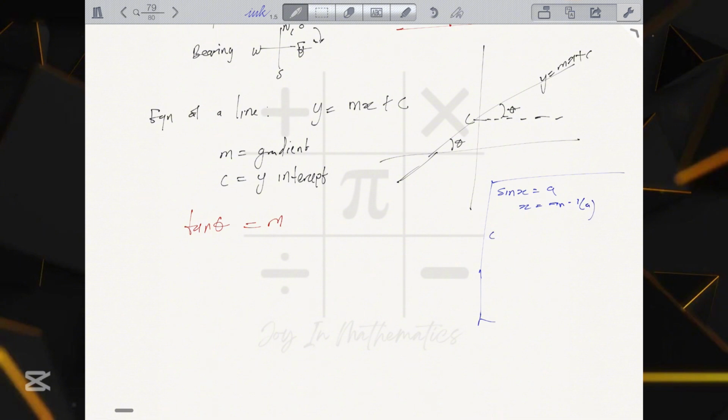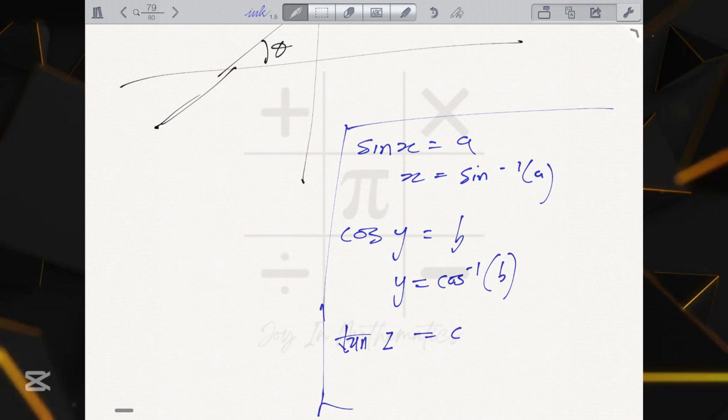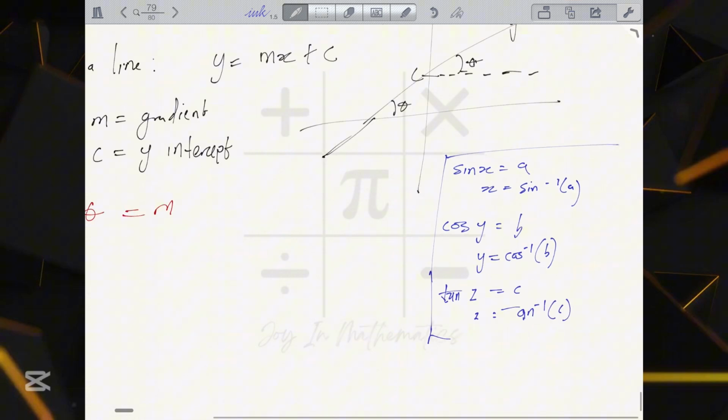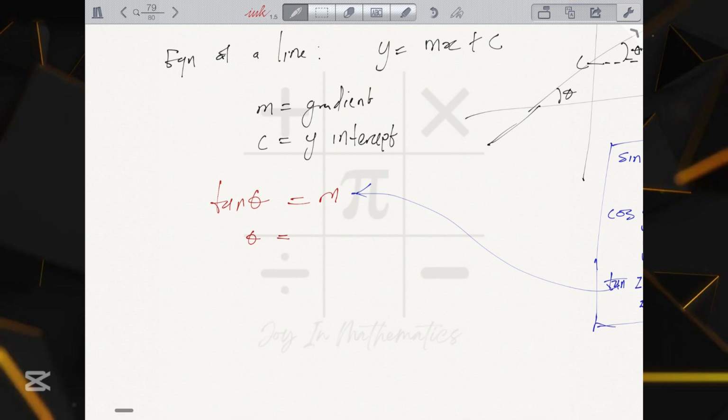If cos y equals b, y will be arc cos of b, and if tan z equals c, then z will be equal to arc tan of c. Now applying this concept, the angle theta of a straight line is equal to arc tan of m.